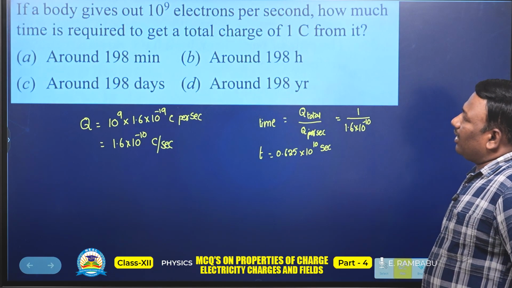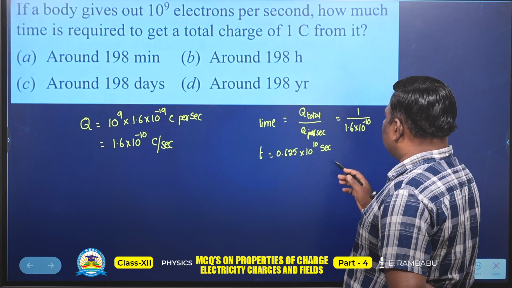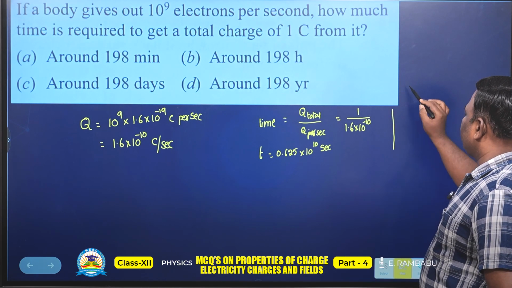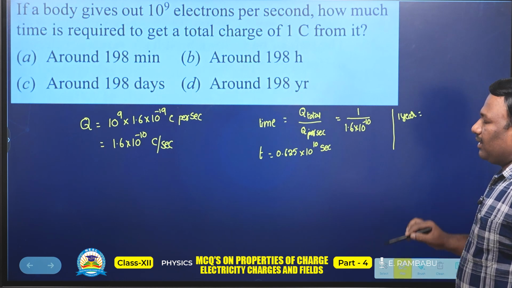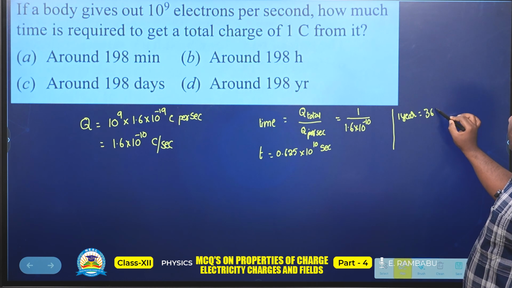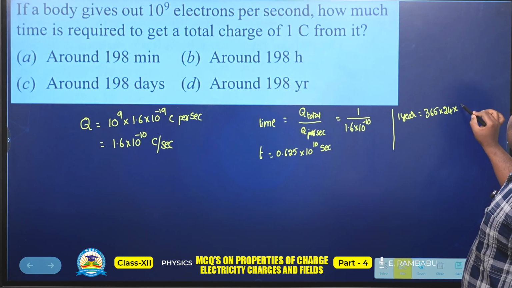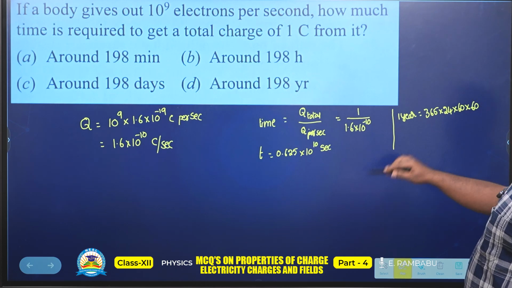But the options are given in minutes, hours, days and years. So first I have to convert the seconds into years. 1 year has 365 days, each day has 24 hours, each hour has 60 minutes, and each minute has 60 seconds.